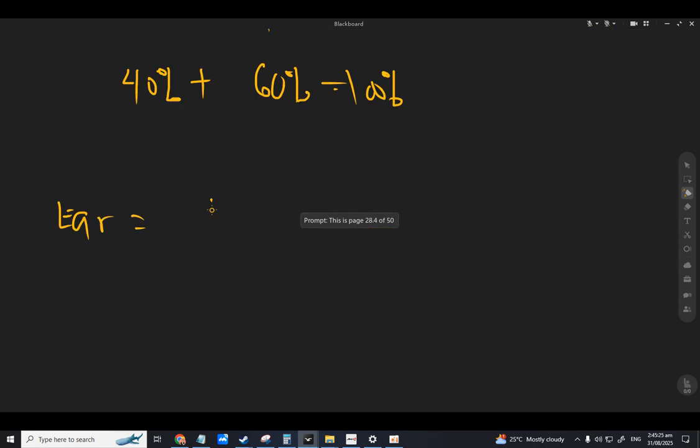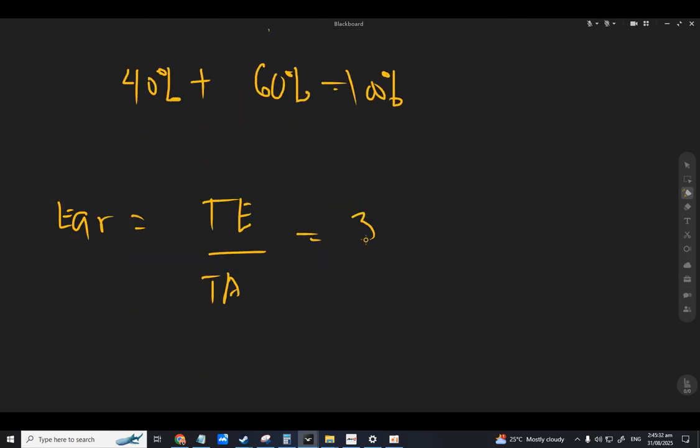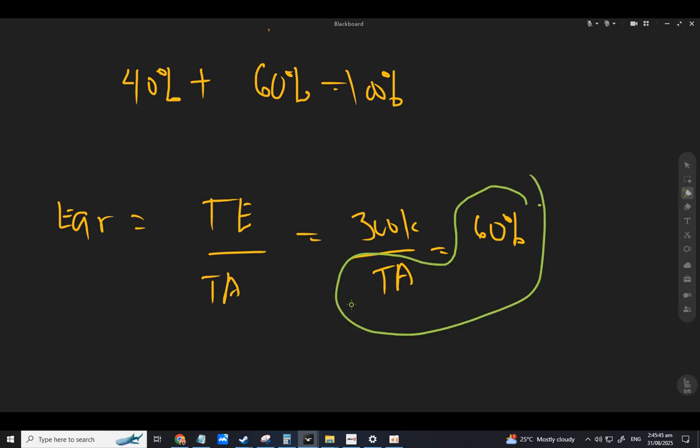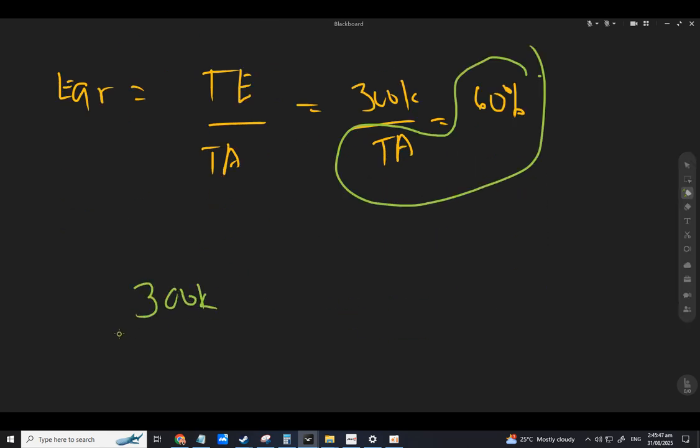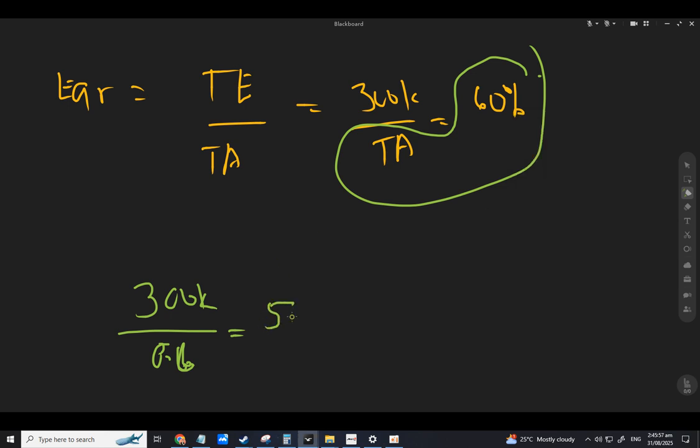Total equity over total assets. Alam natin, ang equity amounted to 300,000, di ba? 300K. Tapos total assets. Tapos ang equity ratio natin is 60%. Paano mo mahanap ang total assets? Gamitin mo ang cross-multiply. It will be 300,000 divide mo ng 0.6. I just converted it. Okay? And that will be 500,000. So, ang total assets natin ay 500,000.